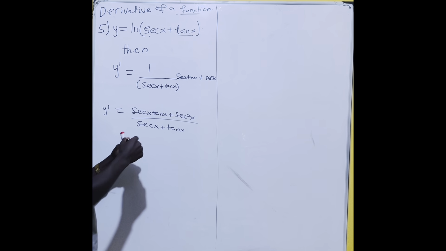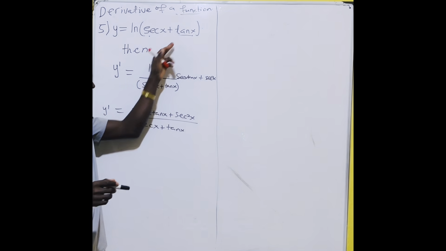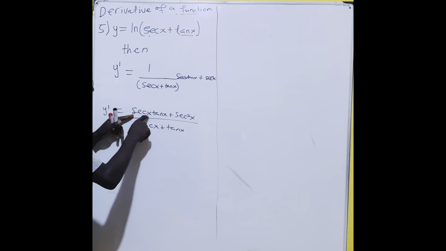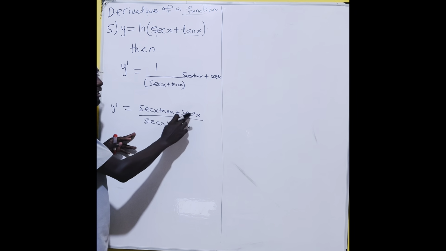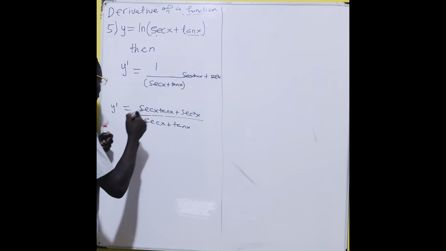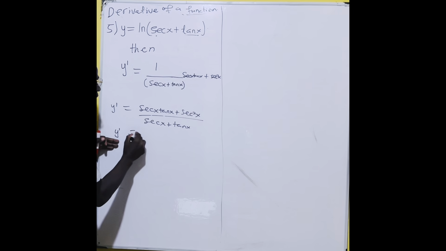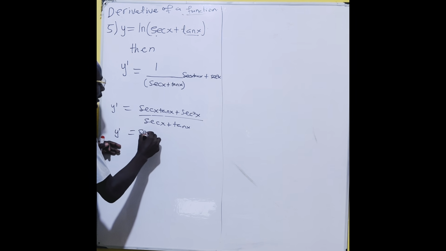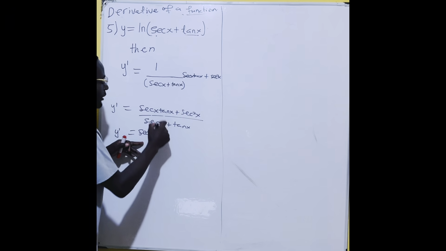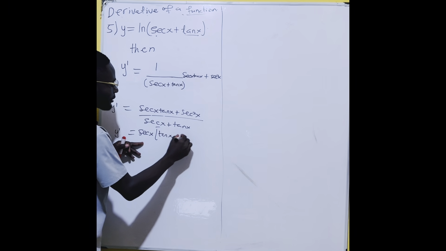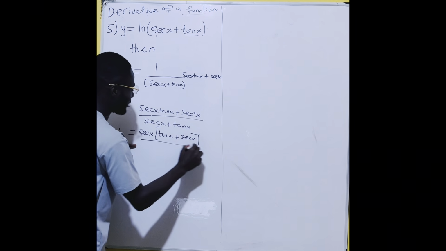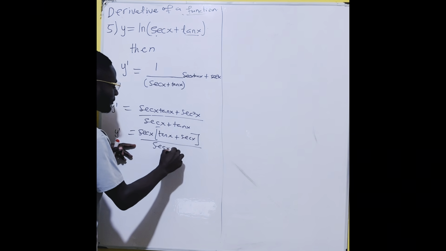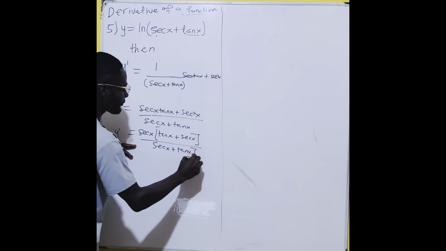So this is the derivative of this particular problem. Well, we can see that sec x is common to the two terms in the numerator, so we factor sec x out. So we have y prime equal to sec x times tan x plus sec x, divided by sec x plus tan x.